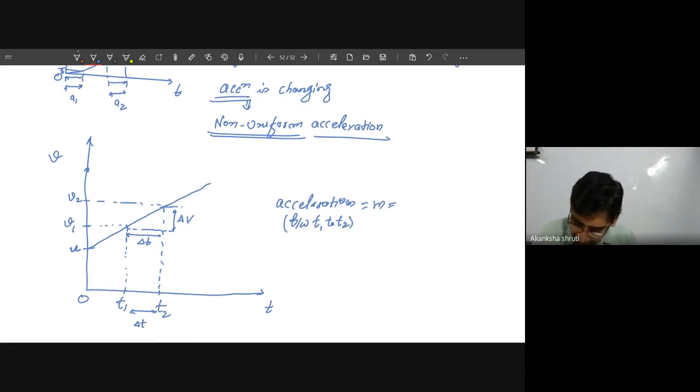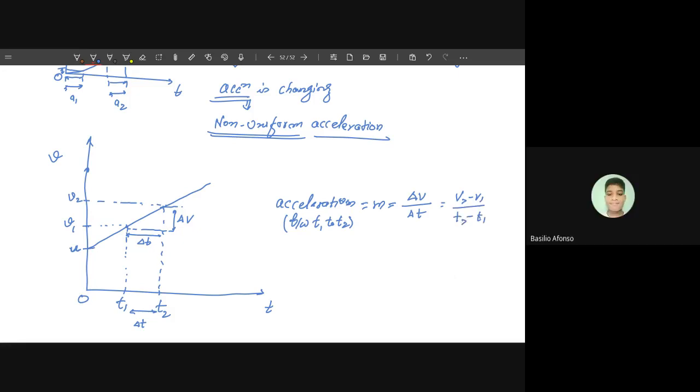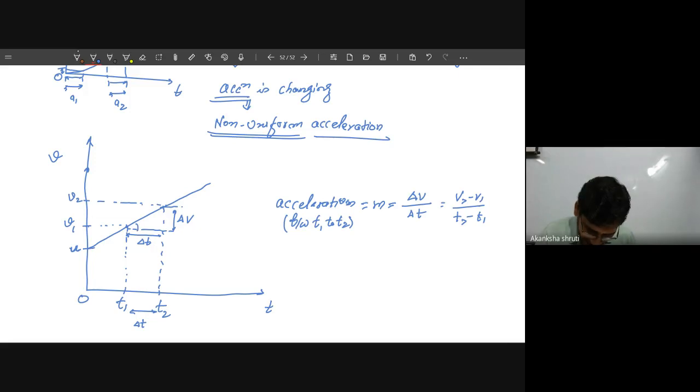It is given by change in the vertical axis, meaning change in velocity, by change in the horizontal axis, meaning change in time. Students, it is like v2 minus v1 by t2 minus t1. Yes, this gives us the acceleration. In short form this slope is denoted by m. So this way the acceleration is calculated.